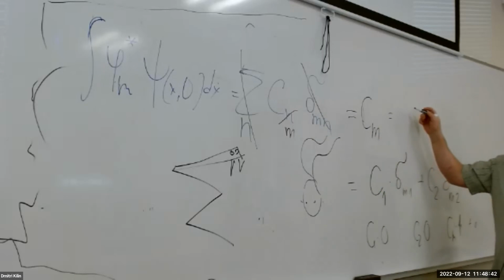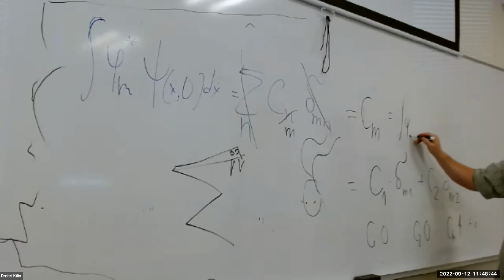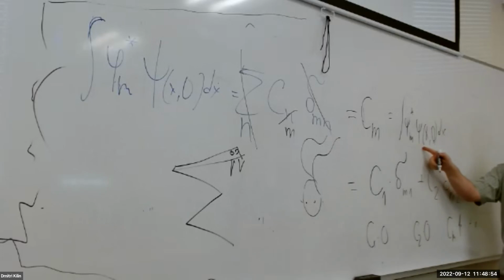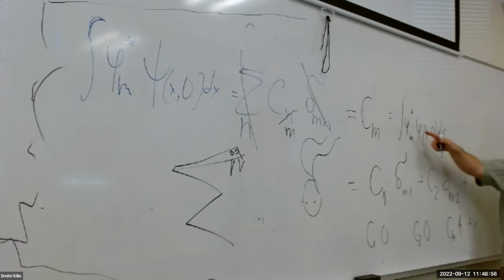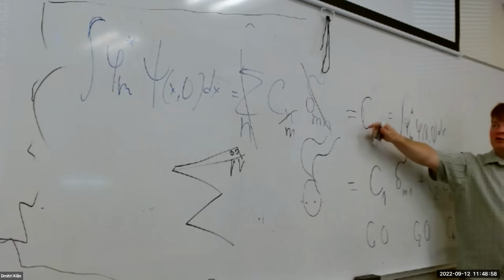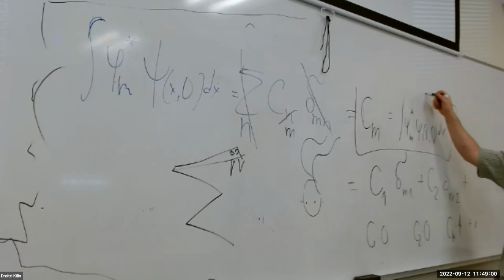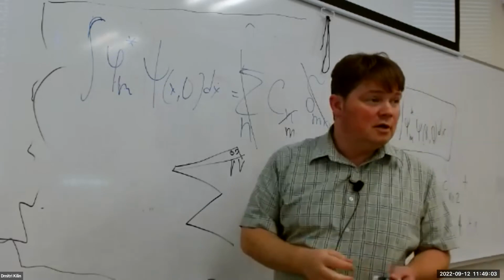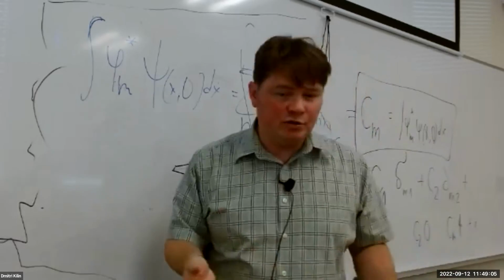C sub m equals integral phi m star psi of x at t equals 0 dx. So by integrating our initial condition times the basis function, we get the expansion coefficient.